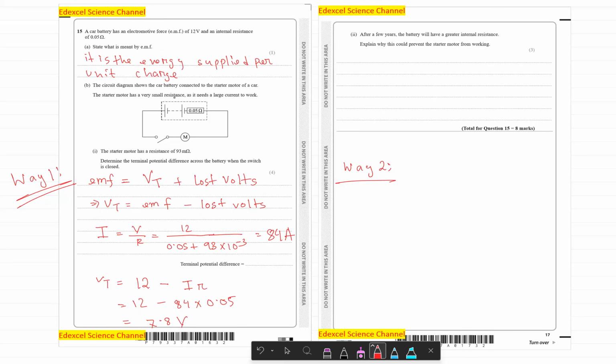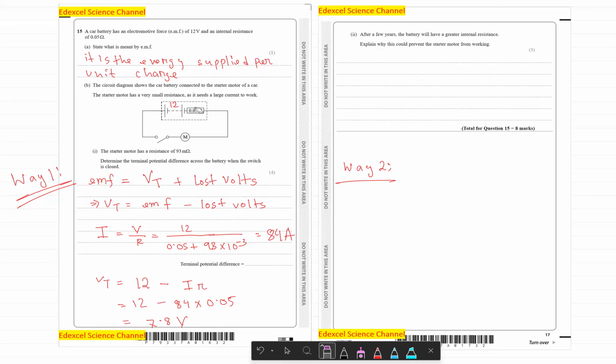Because this battery has an EMF of 12, which is going to be distributed among the internal resistance and this component. So in a way, we can say that the potential is being divided, right?